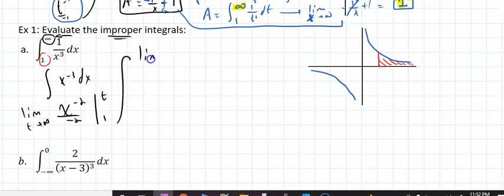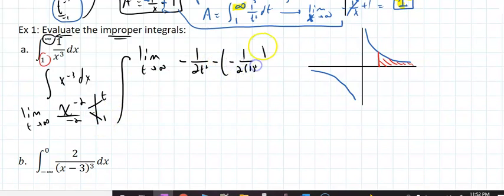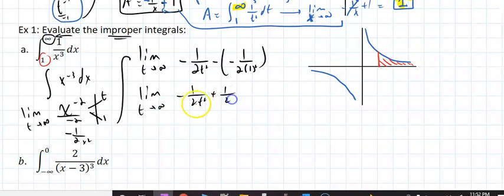So that would be the limit as t approaches infinity of, plug that in, negative 1 over 2t squared, minus, plug 1 in, negative 1 over 2 times 1 squared, because this is actually negative 1 over 2x squared. So this is the limit as t approaches infinity of negative 1 over 2t squared plus 1 over 2. As t approaches infinity, any value over t will approach 0, and my area in this case will be 1/2.